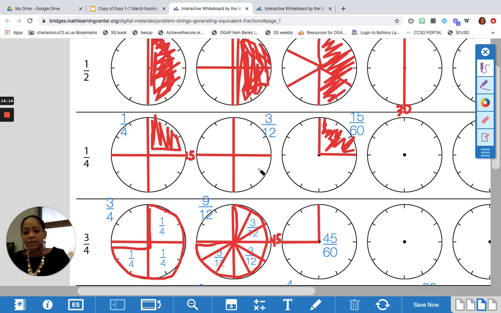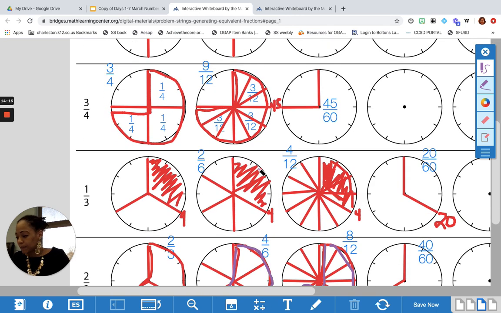And then let's look at 1/3. And these are also in order from the smallest number of parts to the most number of parts, okay? So we're going to continue talking about equivalent fractions, but we're probably going to use a different visual model when we do our next problem string. But it'll have the same general idea or general concept.